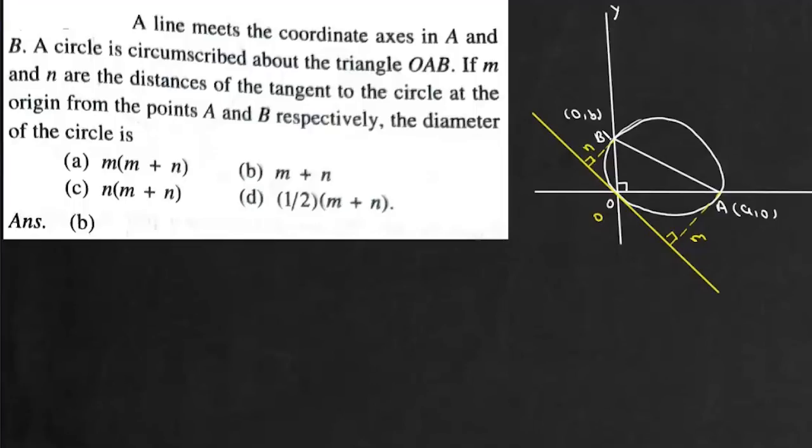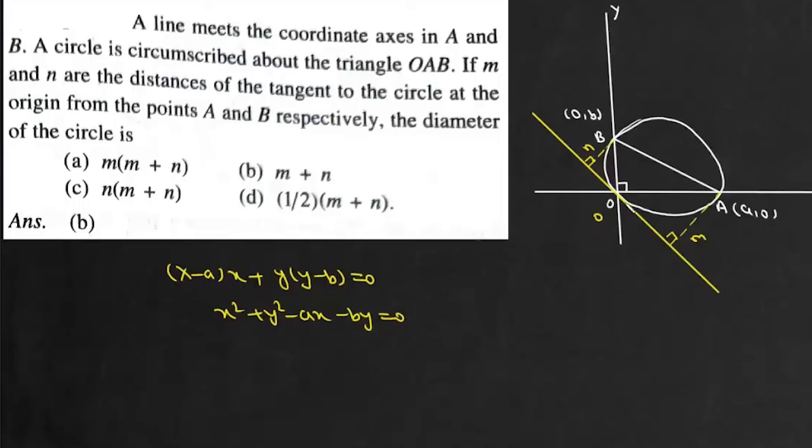Now we know that the equation of this circle will be given by (x minus a)(x) plus (y)(y minus b) equals 0. So it will be x square plus y square minus ax minus by equals 0.